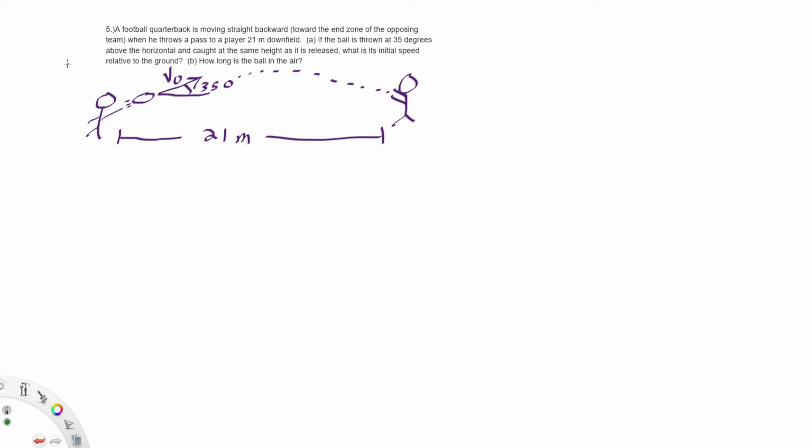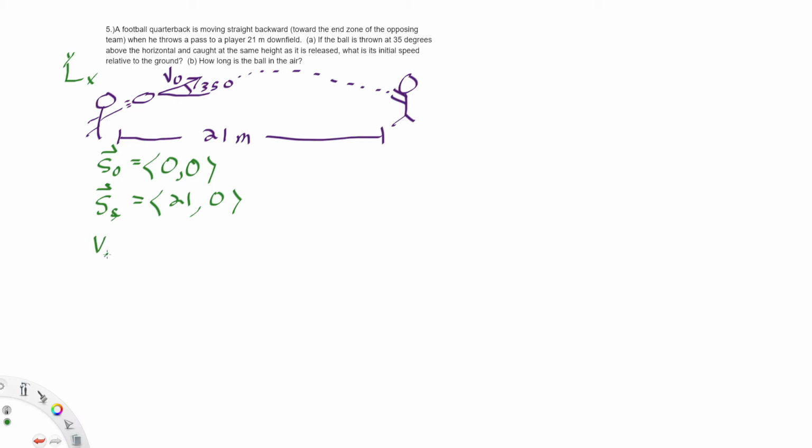Alright, so we're going to say up and to the right are the positive directions here, and we define our usual vectors. So maybe the point where it's thrown is going to be our origin, which means the point where it's caught is going to be 21 meters different in the x direction, but the same height.